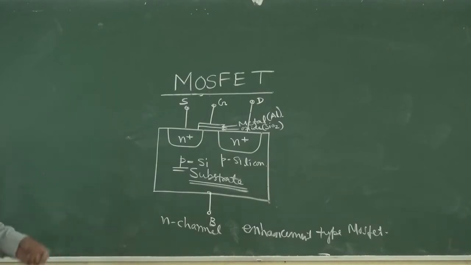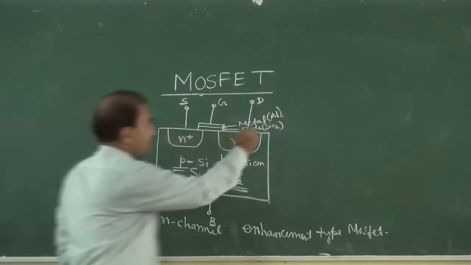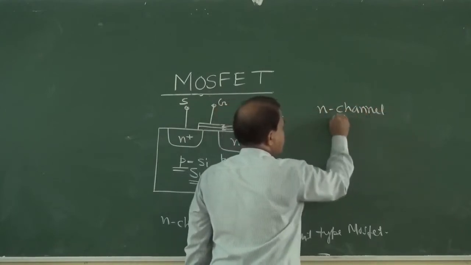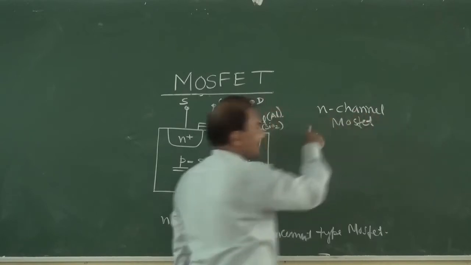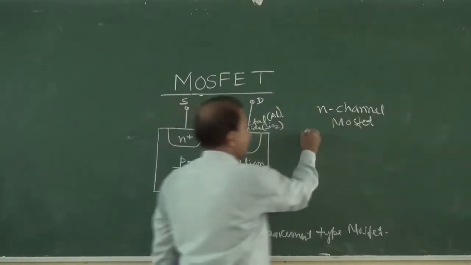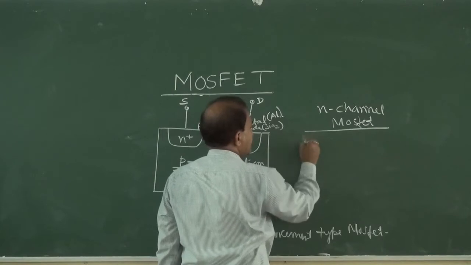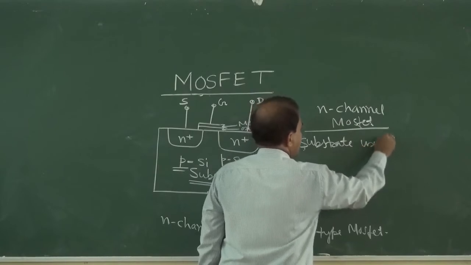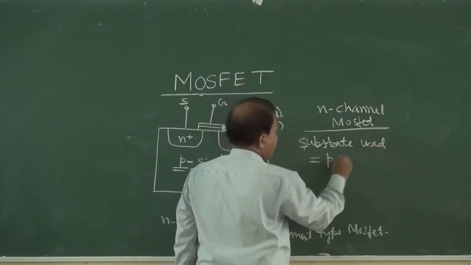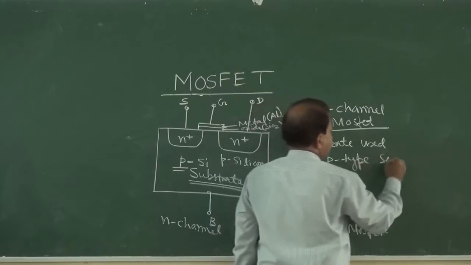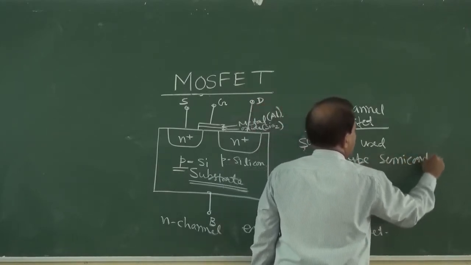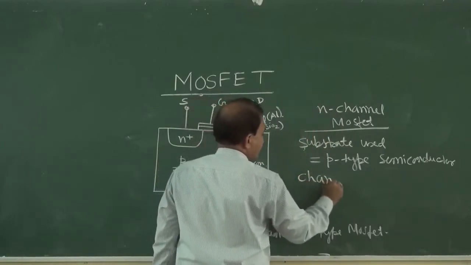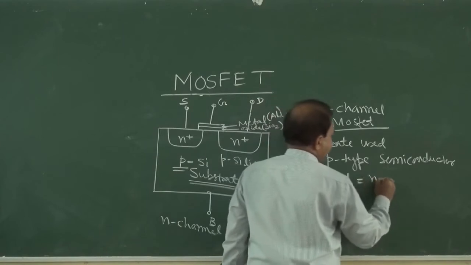Similarly, in case of N channel enhancement type MOSFET, the substrate used is P-type semiconductor, and the channel is N-type.